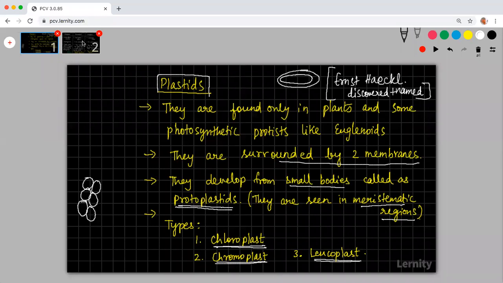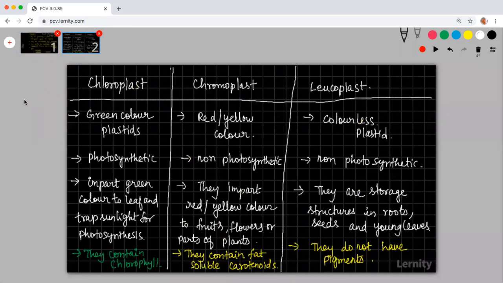Okay, so listen here, children. You have these types of plastids: chloroplast, chromoplast, and leucoplast. The basic difference is what kind of pigments they contain or what is the function of each.